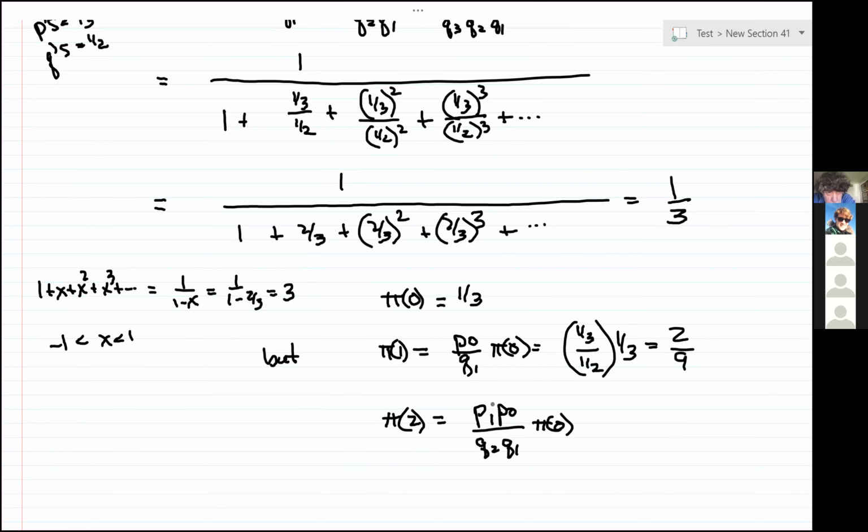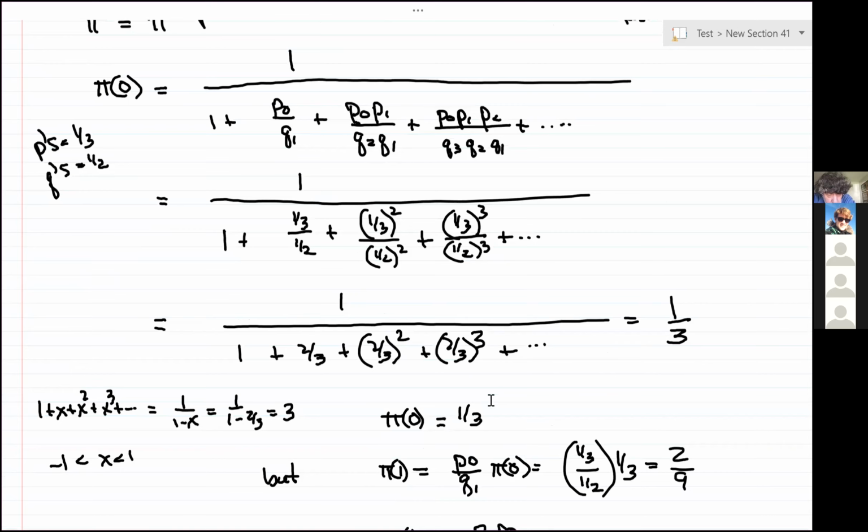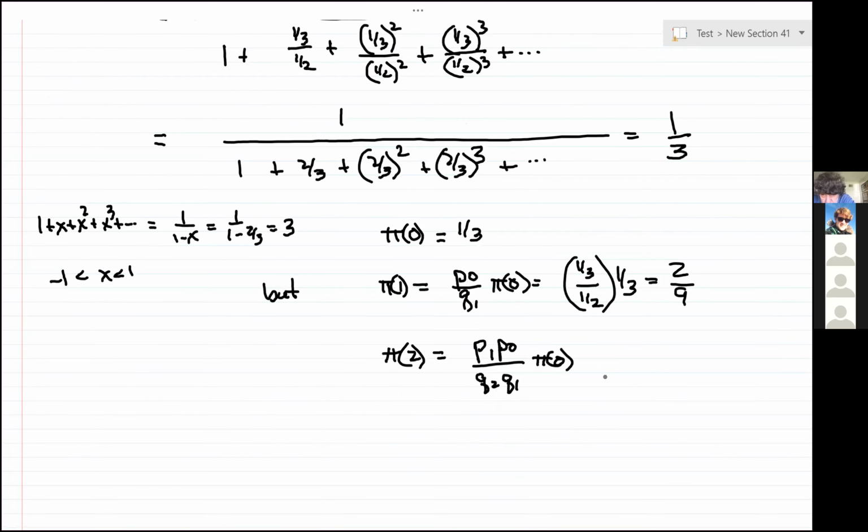And all the q's are a half. So this would be a third squared times a half squared times pi 0, which is a third. So this becomes 4/9 times a third, which gives us 4/27.